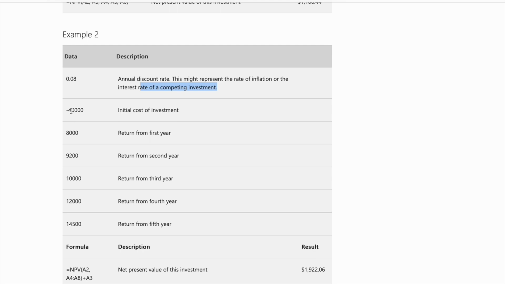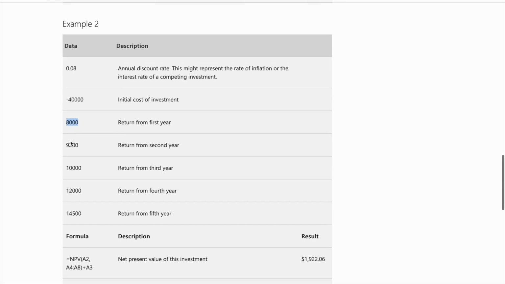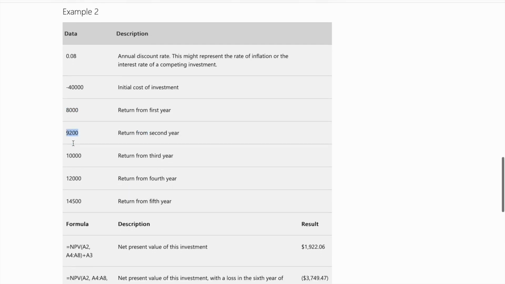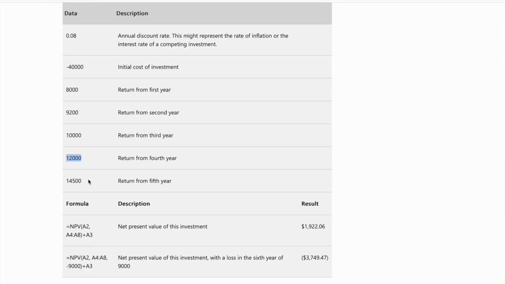Then we have minus 40,000 as the initial cost of investment. Then in the first year we got 8,000 returns, and in the second year we got 9,200. In the third we got 10,000, from the fourth we got 12,000, and from the fifth year we got 14,500.